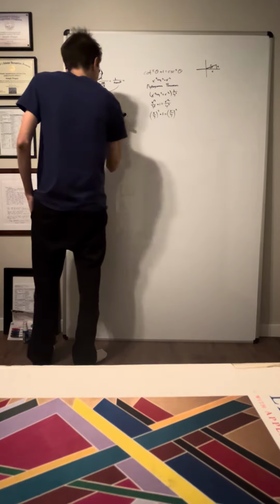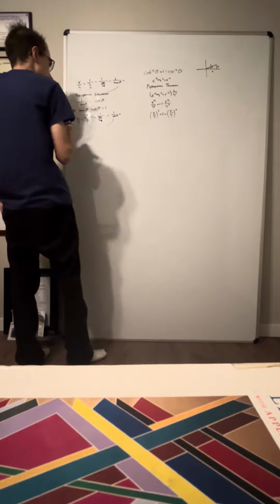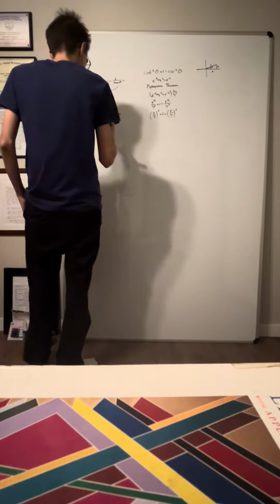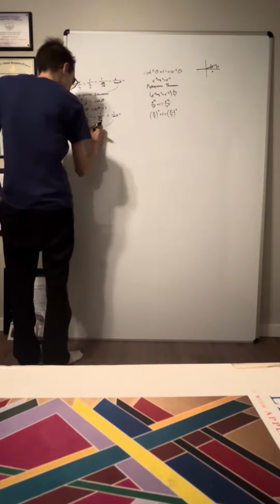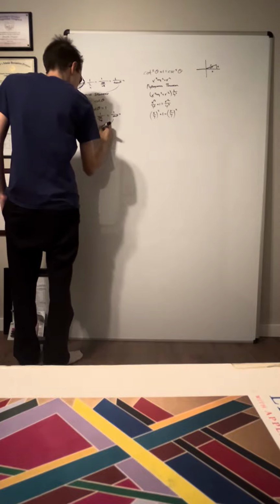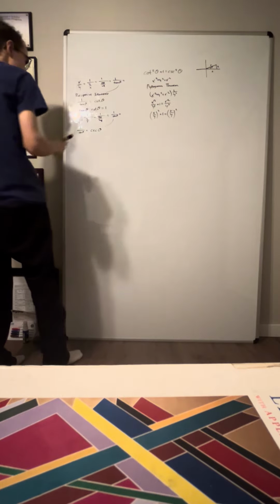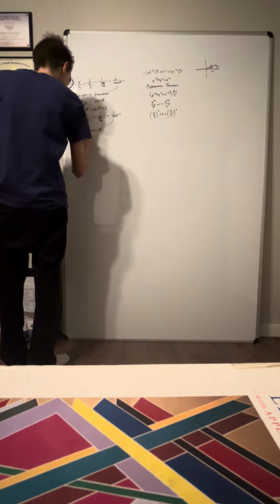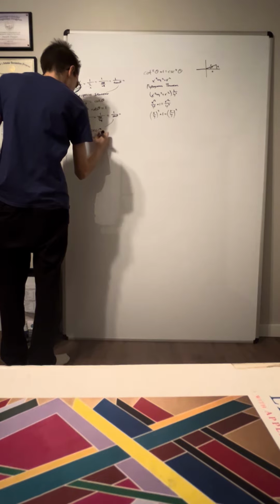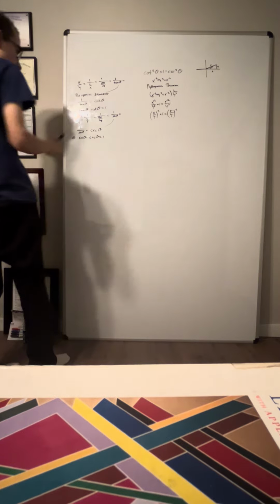And if we once again know our reciprocal identities, then we know that 1 over sine of our angle equals cosecant of our angle. And this also leads to the implication that sine of the angle times cosecant of the angle equals 1.